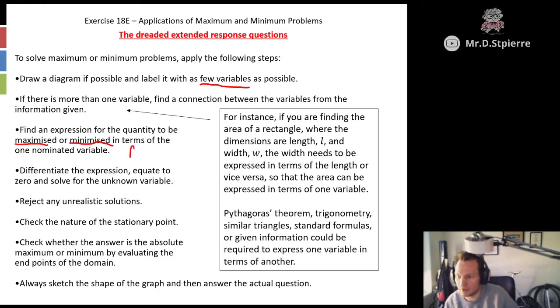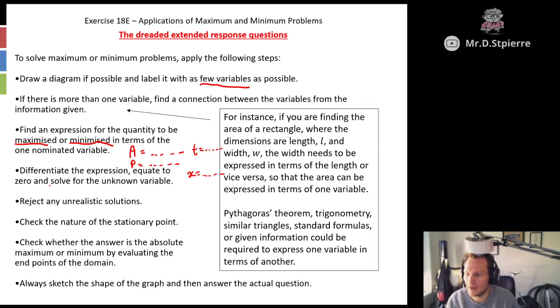If you want to maximize area, we want to end up with area equals something. If you want to maximize perimeter, you want an equation for perimeter equals something. If you want to maximize time, you need time equals something. If you want to maximize distance, you need x equals something. Whatever you're trying to maximize or minimize, you need that equals everything else.